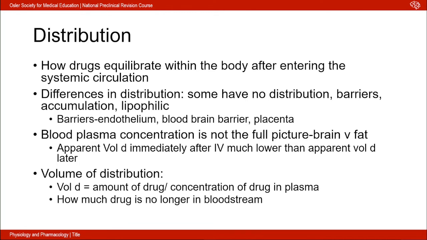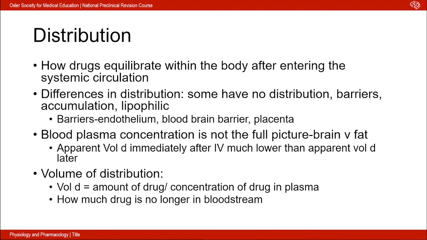So in terms of the endothelium, that separates the plasma from the interstitium, and it's a single layer, and it allows most polar small molecules through. But an important drug to remember that it doesn't allow through is heparin.